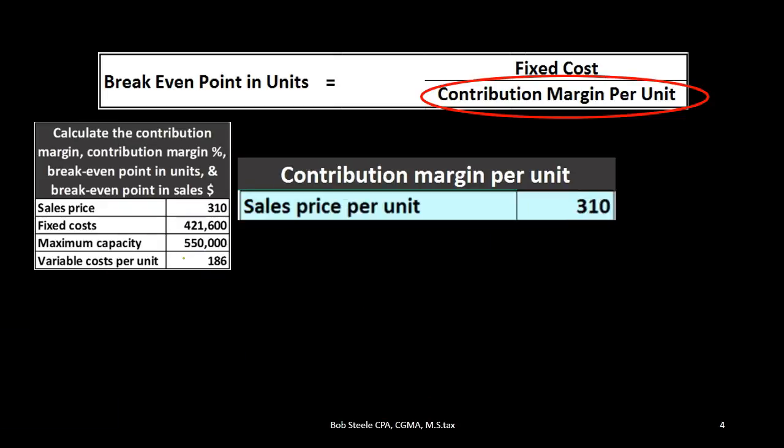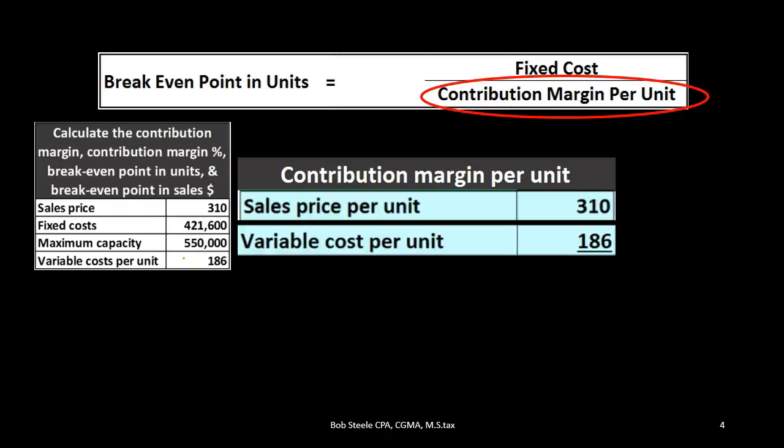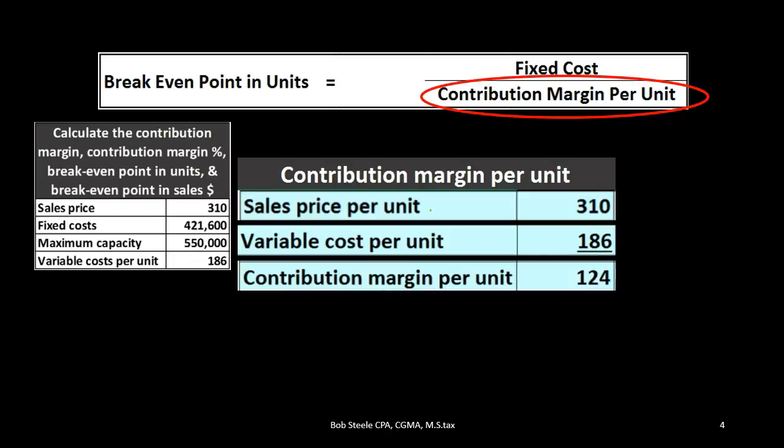We take the sales price per unit minus the variable cost per unit. That gives us the contribution margin per unit, so the 124 will be the denominator of our calculation for the break-even point in units. The contribution margin percentage would be 40%, calculated as the 124 divided by the 310.